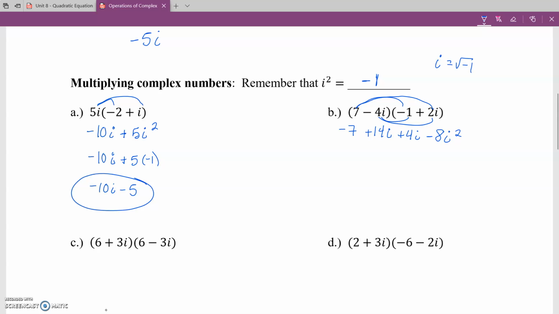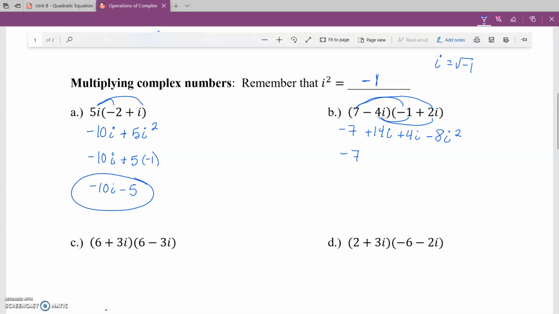Combine like terms, and remember, i squared is really -1. So -7 plus 18i minus 8 times -1. -8 times -1 is a +8. -7 plus 8 is 1.